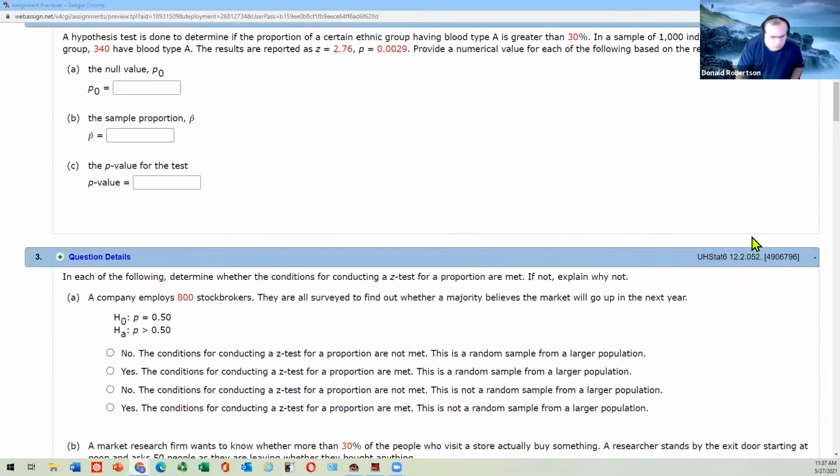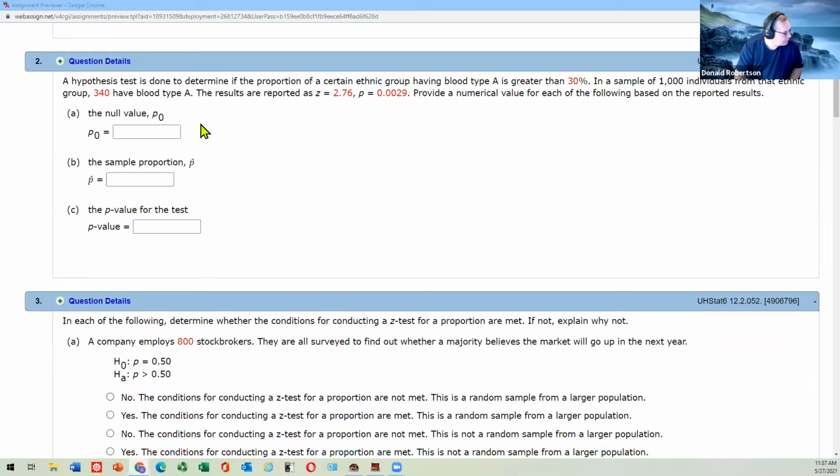So, can you see question 2 here? A hypothesis test is done to determine if the proportion of a certain ethnic group having blood type A is greater than 30%. Null hypothesis.